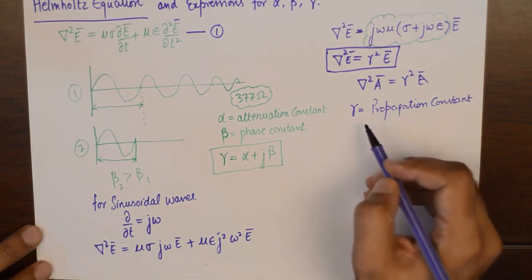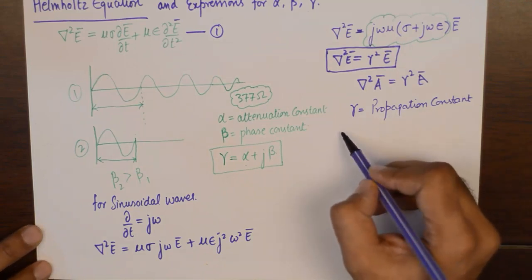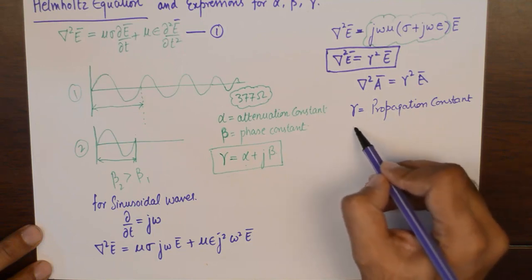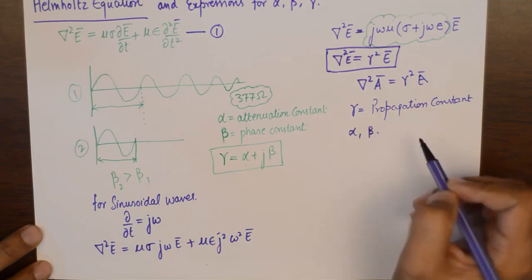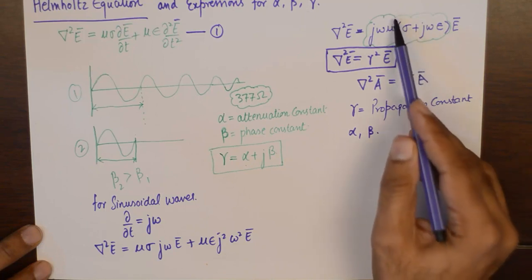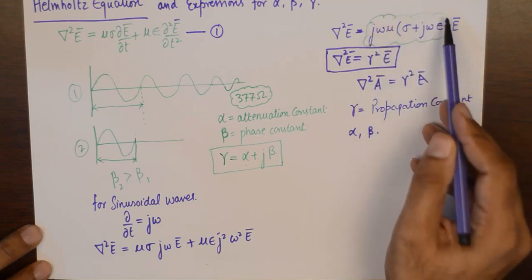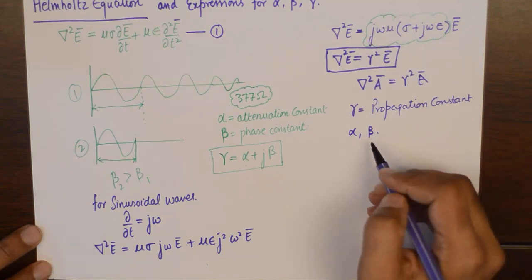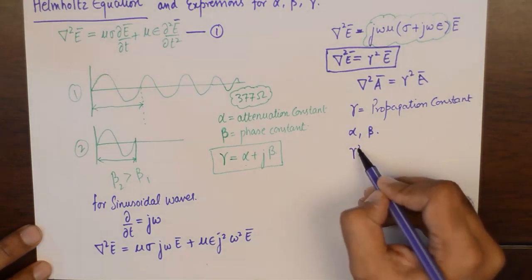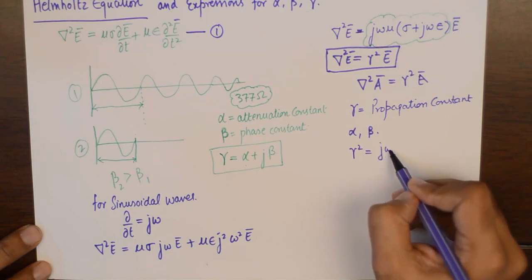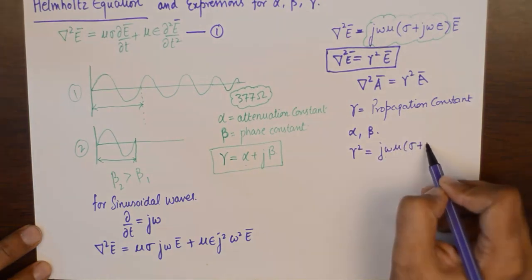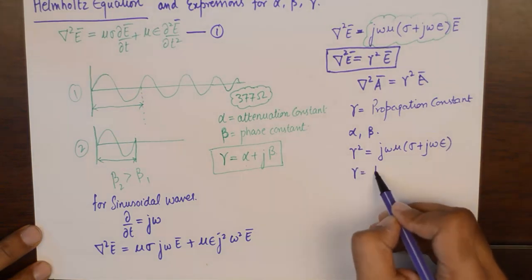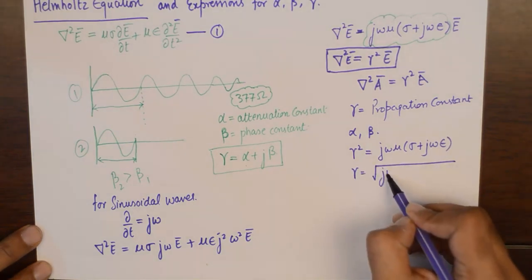So now our job is to find out the value of alpha and beta from this mammoth term. So what we have here is gamma square is equal to j omega mu into sigma plus j omega epsilon, or gamma is equivalent to the under root of this huge term.